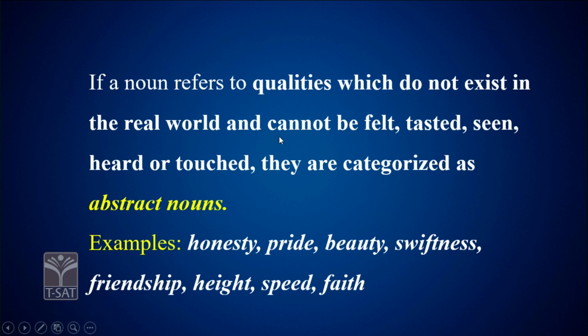Things we cannot see, cannot hear, something like that, which cannot be felt, tasted, seen, heard or touched. They are categorized as abstract nouns. You see the examples: honesty, pride, beauty, swiftness, friendship, height, speed and faith.